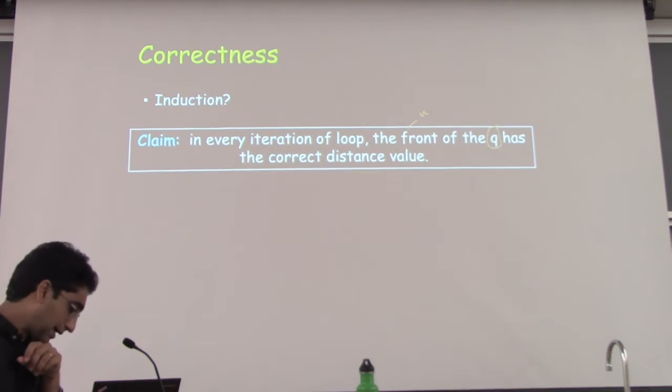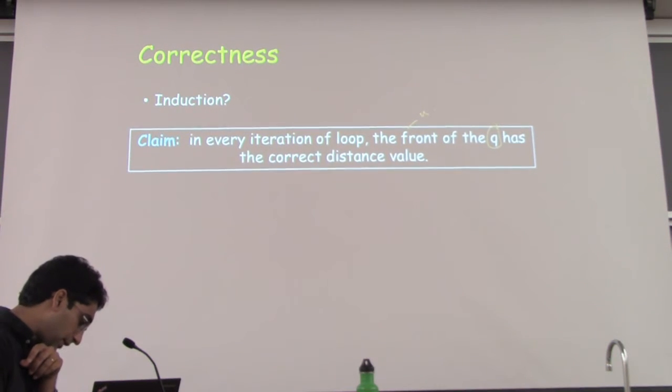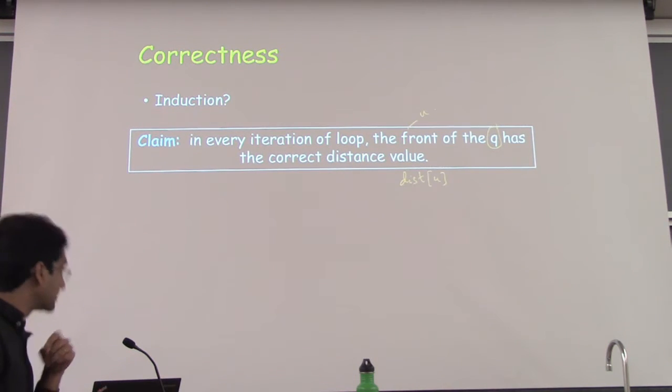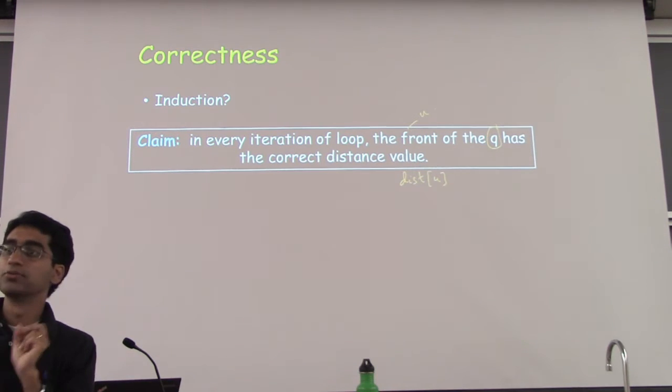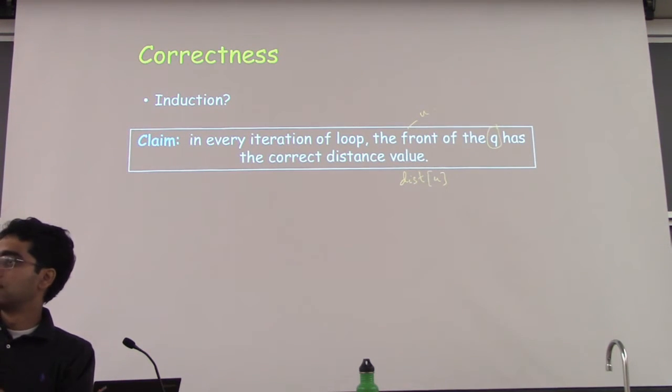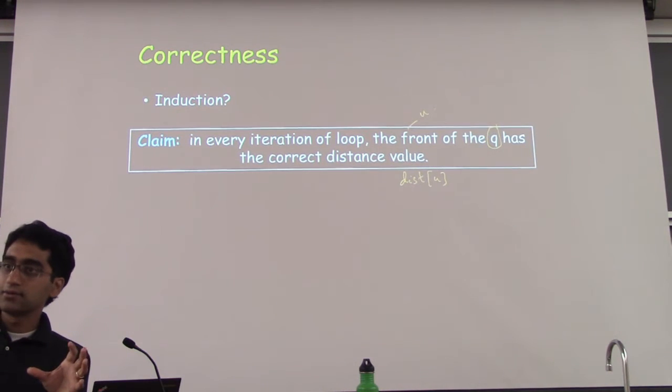Correct basically means the distance of U at this point is the true distance in the graph from V to U. So is this claim clear?